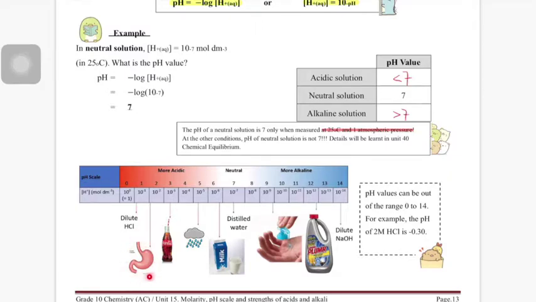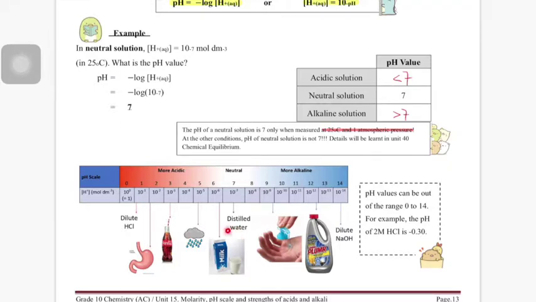That's because of the hydrochloric acid in it. And then we got Coca-Cola. It's a soft drink, so it contains a lot of carbonic acid, so again it's acidic. And for rain, normal rain, not acid rain, is also slightly acidic. Again, that's because of those acidic gas dissolved in it.